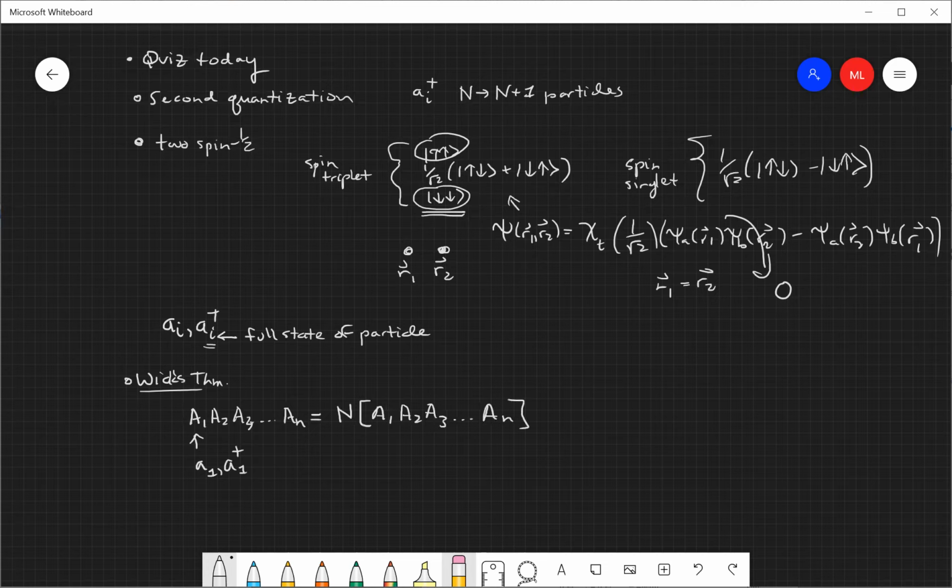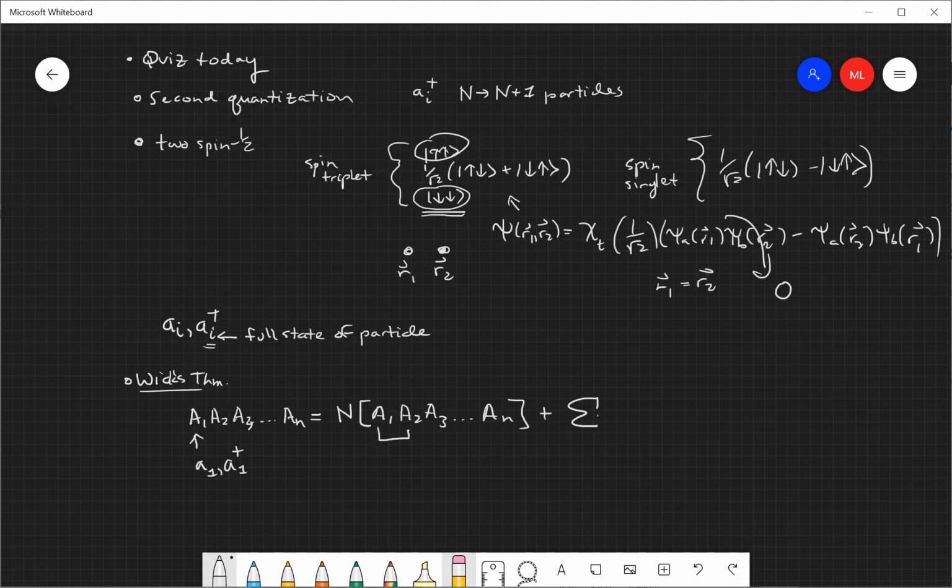And then you go term by term in this expansion. For each term, you sum over all the contractions of operators. So the first term is a single contraction where you contract two of these operators, any two.